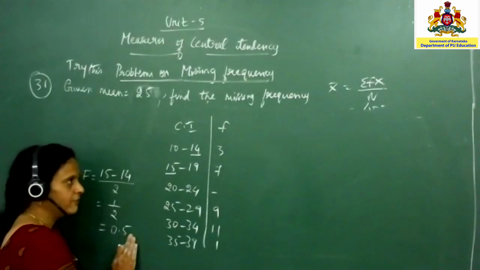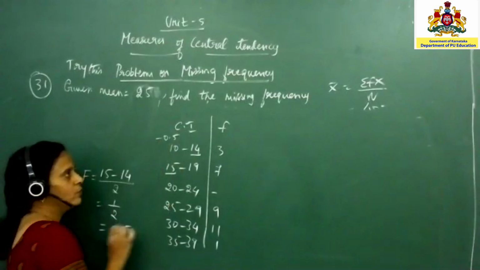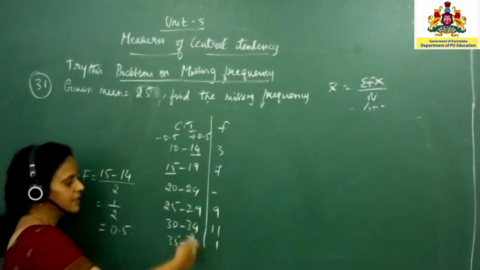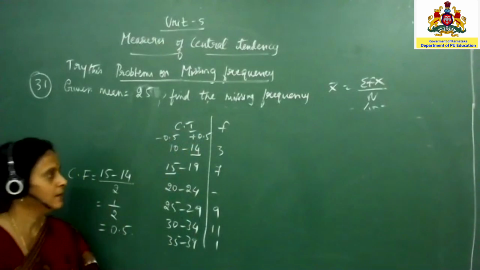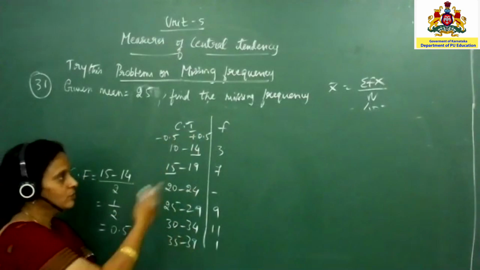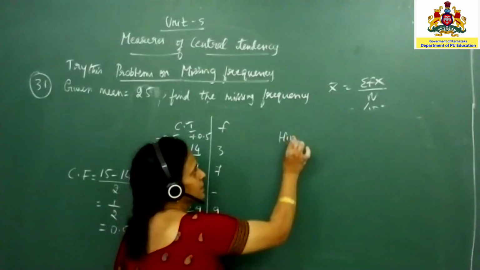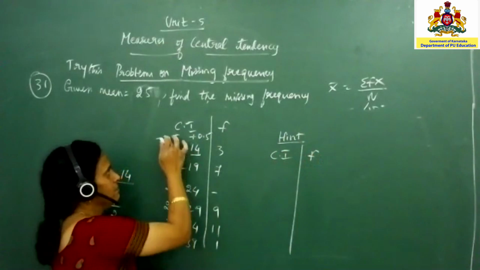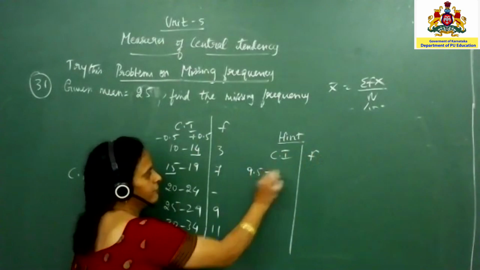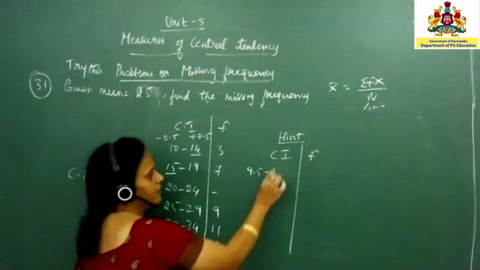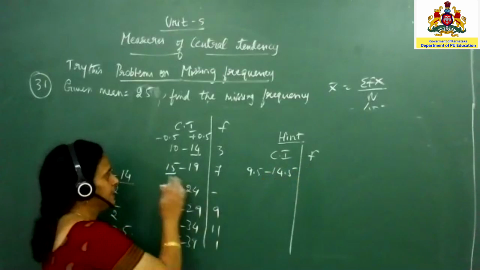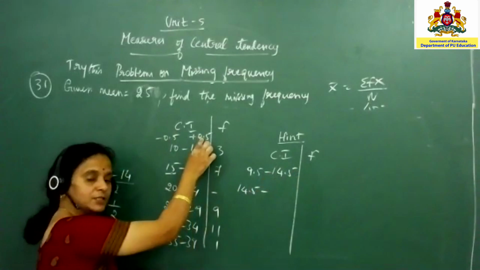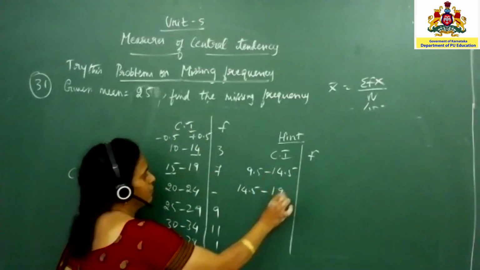And this correction factor, I'm going to subtract from the lower limit and I'm going to add it to the upper limit. So first numbers are called the lower limits and the second numbers are called the upper limits. Right? So we have to make this conversion. So here I'll just give you the hint. With that hint, just carry on this problem. We have to convert in terms of exclusive. So 10 minus 0.5, you are getting 9.5. Next 14 plus 0.5, you are getting 14.5. Same way, 15 minus 0.5, it is 14.5. 19 plus 0.5, you are getting 19.5.